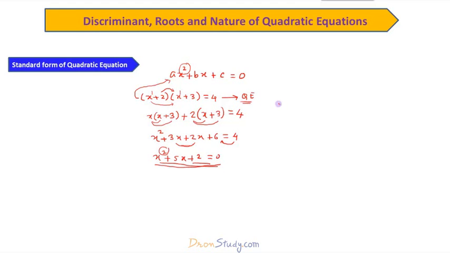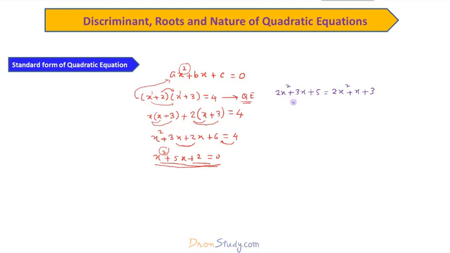Now just take another example. Here 2x square plus 3x plus 5 is equal to 2x square plus x plus 3.